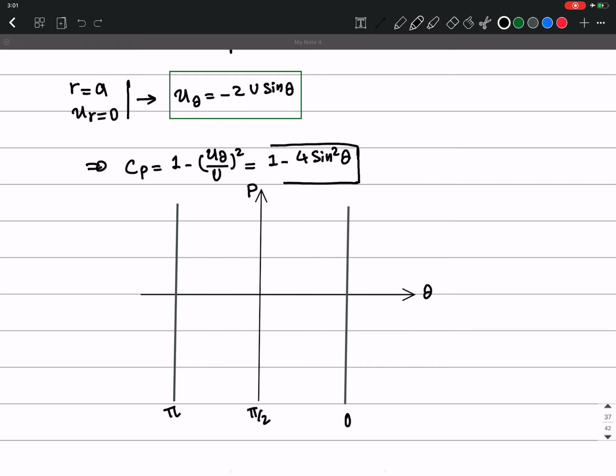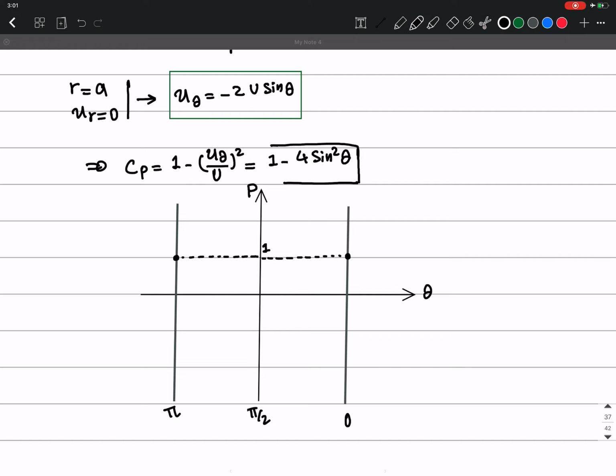Okay, let's say we start from here. When theta is 0, Cp is going to be 1, right? So I just write it here. And when theta equals pi, again, Cp is going to be 1.